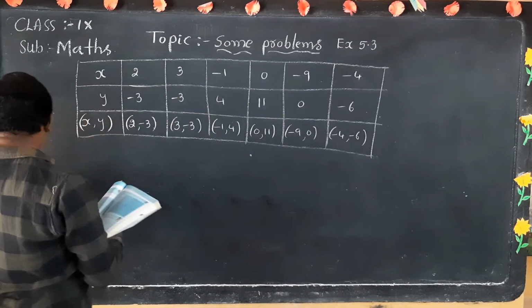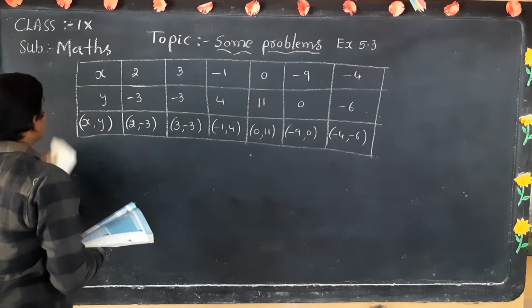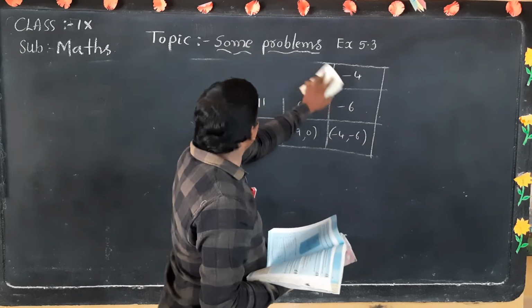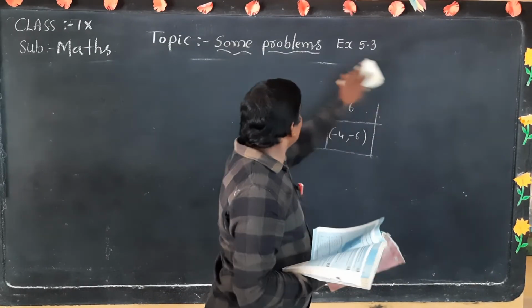So it is possible to find points on both axes and in the quadrants. This is the first problem in exercise 5.3.